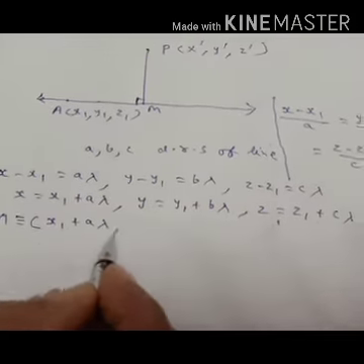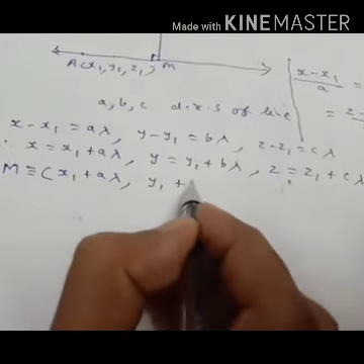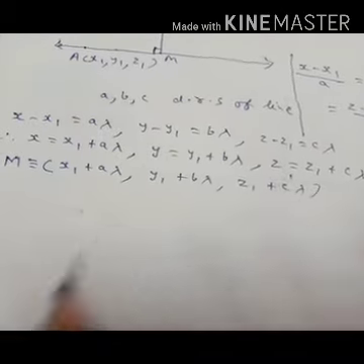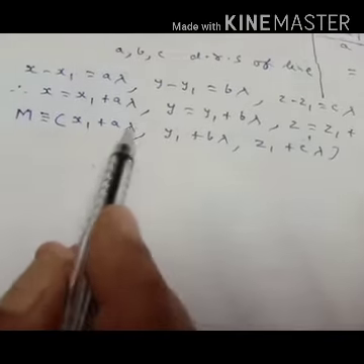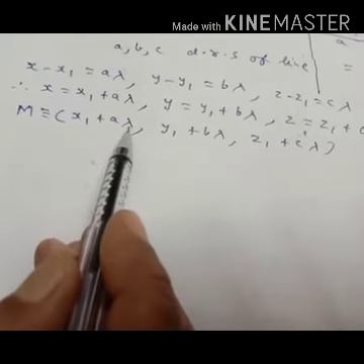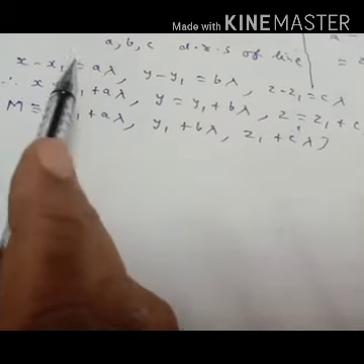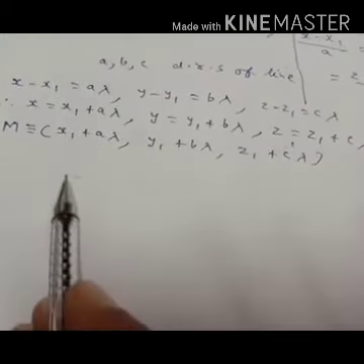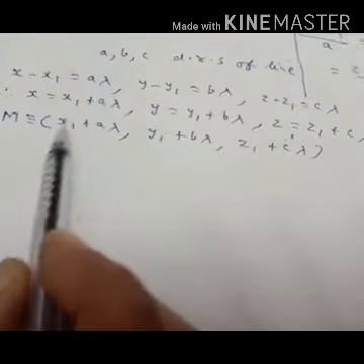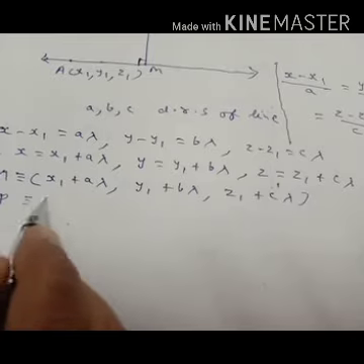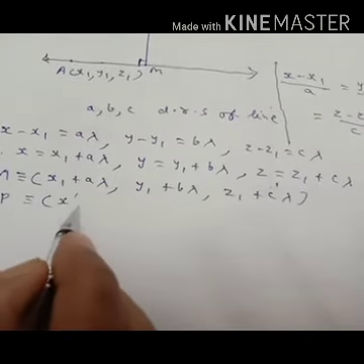x1 plus a lambda, y1 plus b lambda, z1 plus c lambda. Lambda is a parameter. As the value of lambda changes, the coordinates of each point are different. Now we know the coordinates of point M, and the coordinates of point P are already known to us.